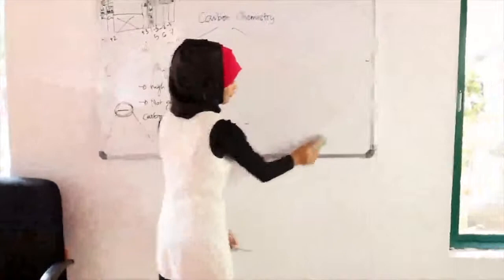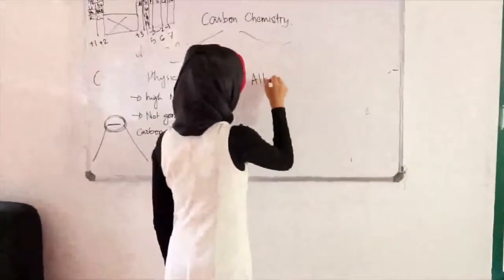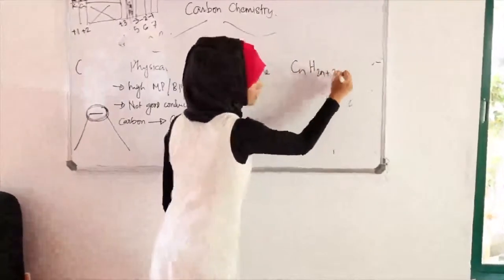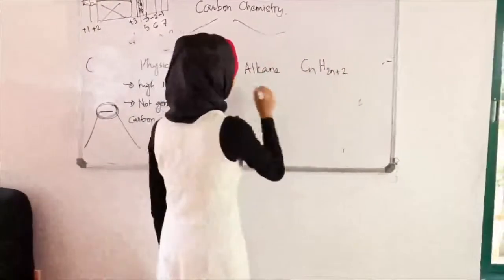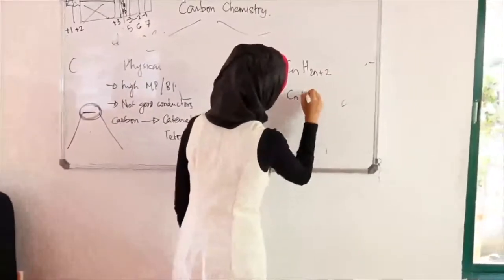So for alkanes or for saturated compounds, you have CnH2n+2. No one needs me to explain this, right? For alkene it is CnH2n.